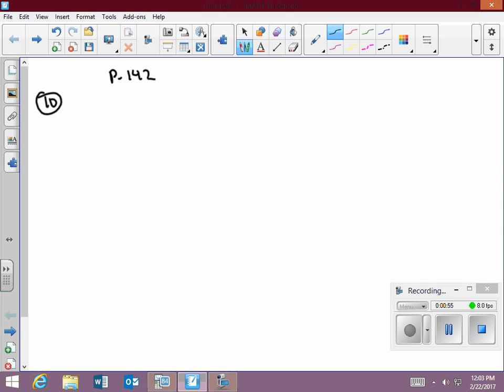It says, which of the following numbers could be lengths of the sides of a right triangle?